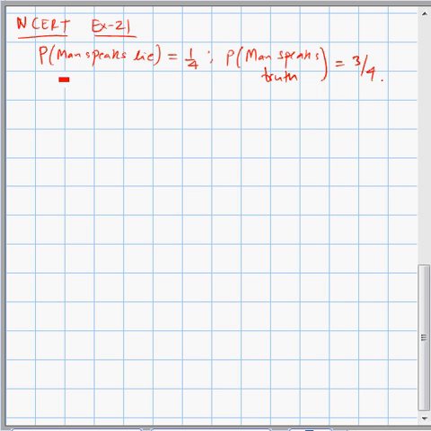Now the experiment is a die is thrown and man reports 6. It's a given situation, given event. Man reports 6.